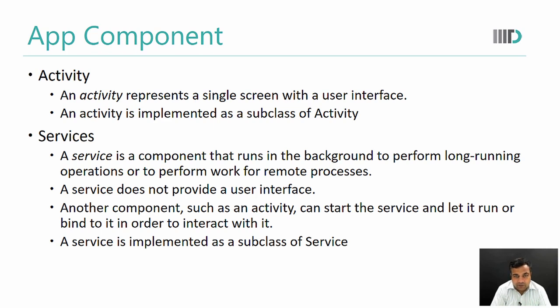You may have experienced some of these when you open your WhatsApp or your Facebook application and you want to share something. An activity is implemented as a subclass of activity, and as you have already developed one activity in your program, we will be learning more about activities later on.